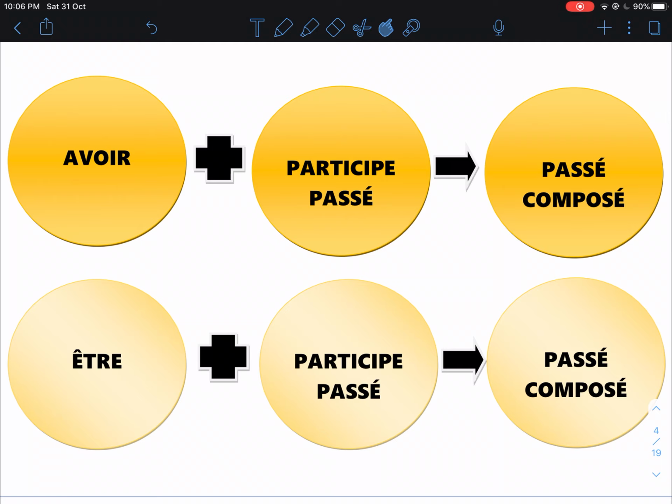Okay, now let's look at this. Here you have the components which are important. You have the first one, auxiliary avoir or être, then participe passé, to form a passé composé. Alright, can you see that?